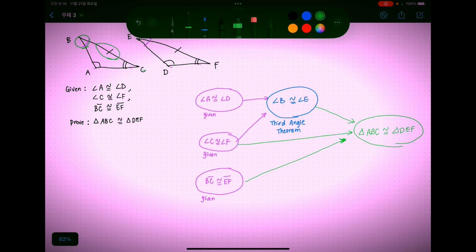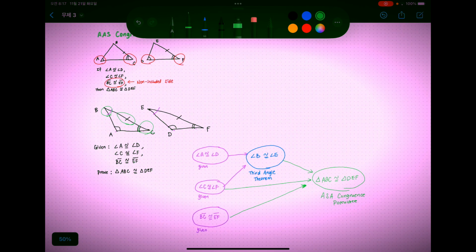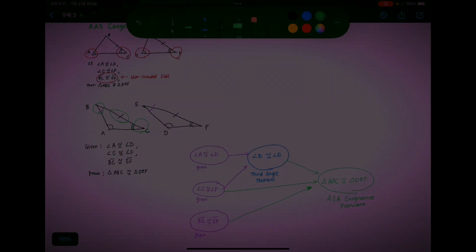Angle, side, angle, ASA congruence postulate, right? So that means the AAS theorem stems from the ASA congruence postulate, okay? So we just proved the AAS congruence theorem right over here.